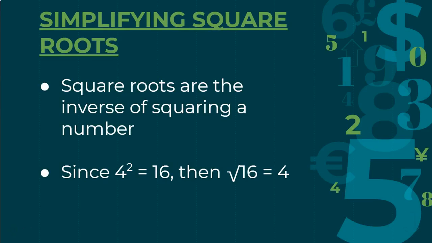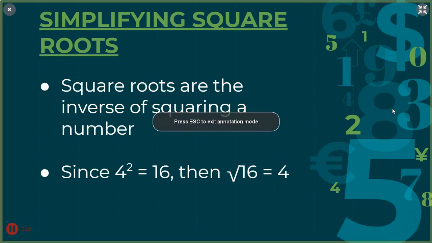So a square root is the inverse of squaring a number. What I mean by that is those are inverse operations, just like addition is the inverse operation of subtraction, multiplication is the inverse operation of division, squaring is the inverse operation of square root, or square root is the inverse operation of squaring.